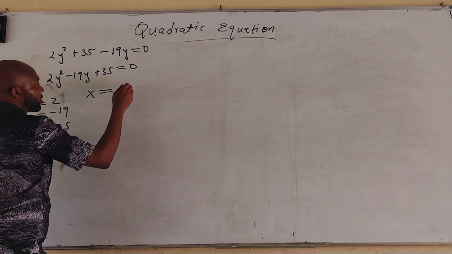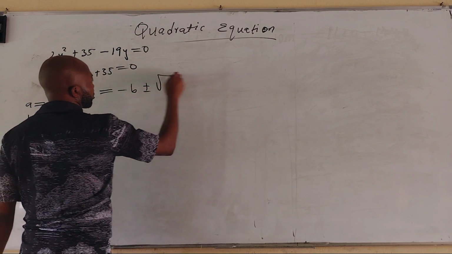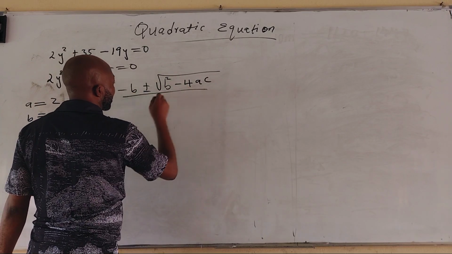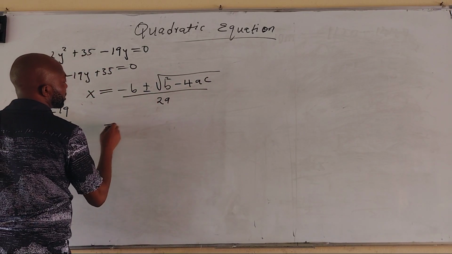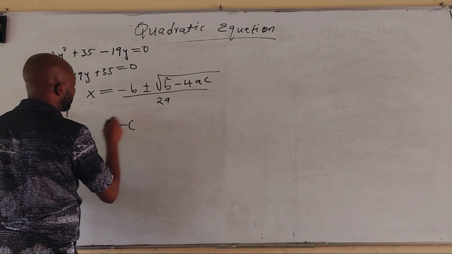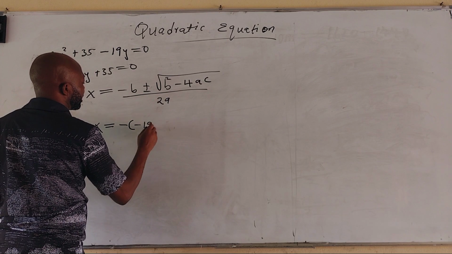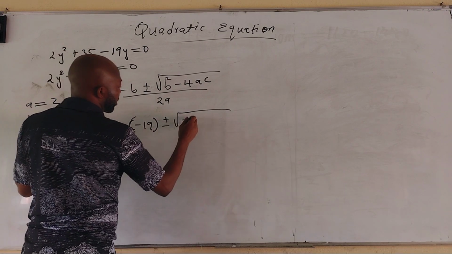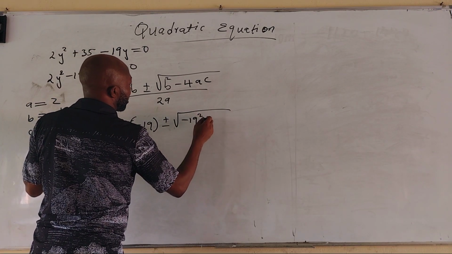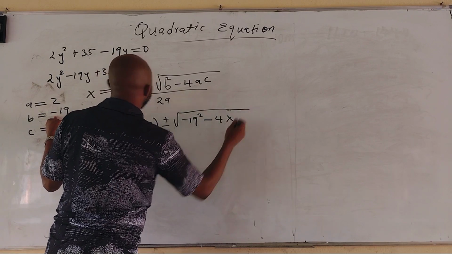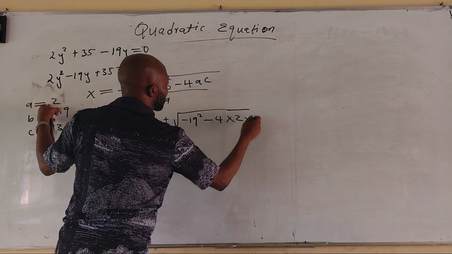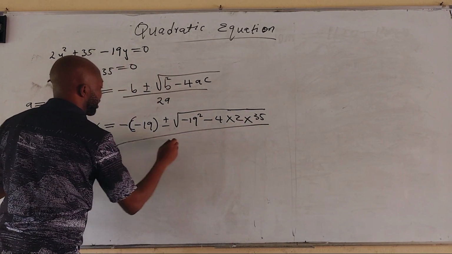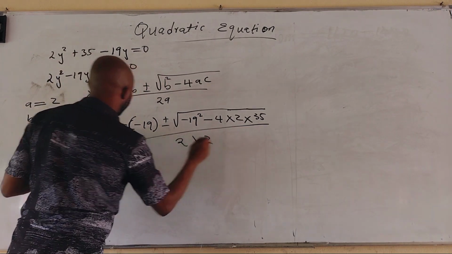x is equal to minus b plus or minus the root of b squared minus 4ac, over 2a. And this is equal to minus b, which is minus open bracket minus 19, plus or minus the root of b squared, which is minus 19 squared, minus 4 times a is 2 times c is 35, over 2 times a, which is 2.